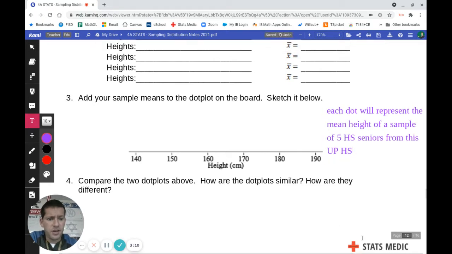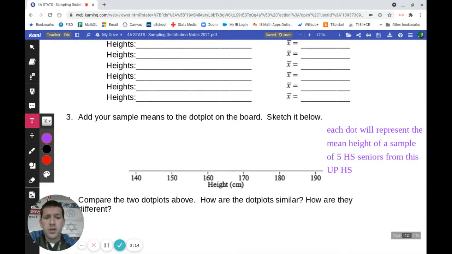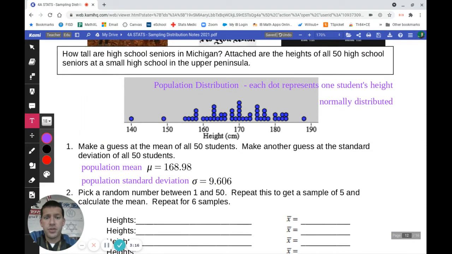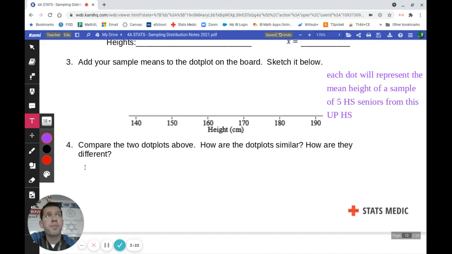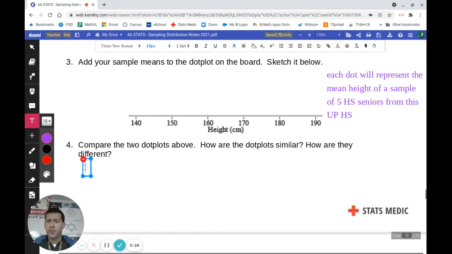Remember, StatsMedic, which gives us our notes, they're based out of Michigan. So we'll be able to compare this dot plot to the one that we are given of the population and make some comparisons, talking about the shape, center, and spread.